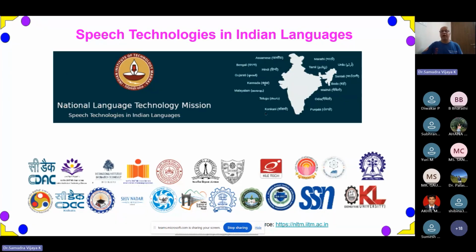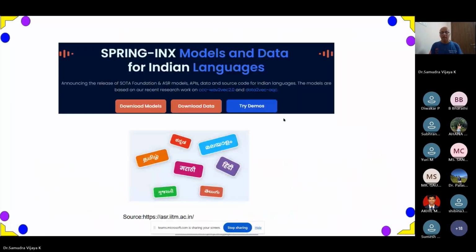In the first part, they sponsored a project in which IIT Madras was the project leader, and there were 22 institutions involved in this consortium project. They included various IITs, IISc, NITs, developers like CDAC, and private universities like SSN, KL University, and many others.